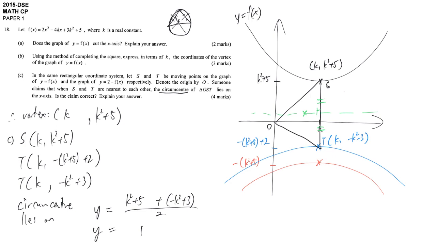We get y equal to 1, which is the green line here, which never crosses the x-axis. So that's why the claim is wrong, incorrect.